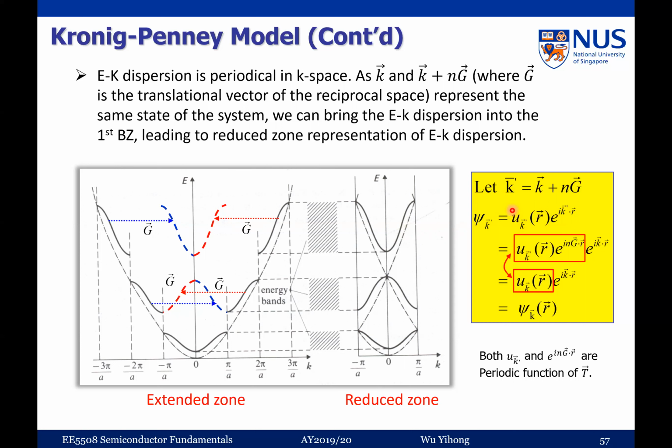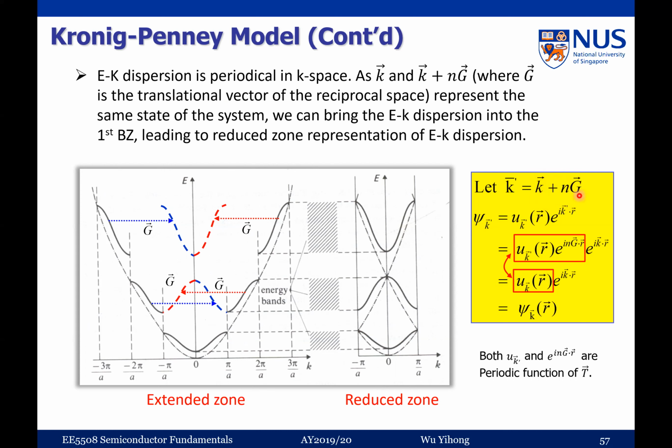Now suppose we have a k prime which is outside the first Brillouin zone, and it is shifted from a particular K point inside the first Brillouin zone by this amount.